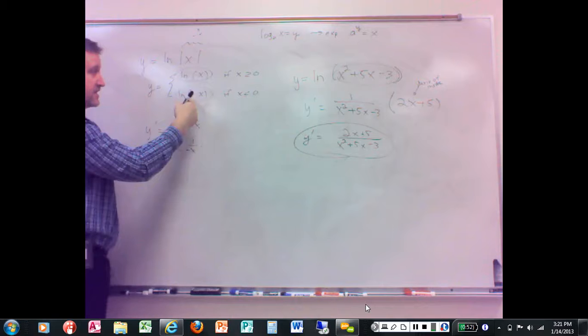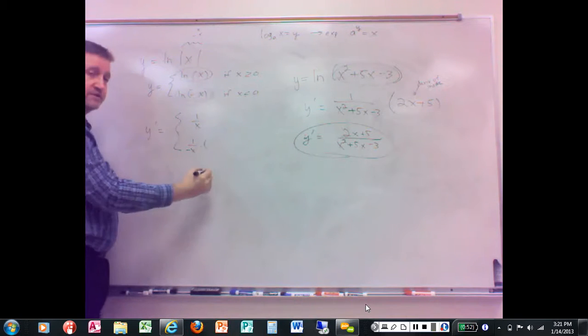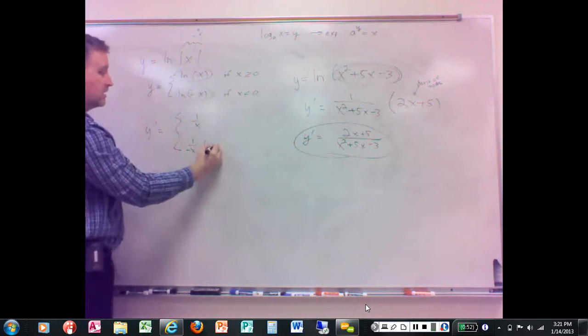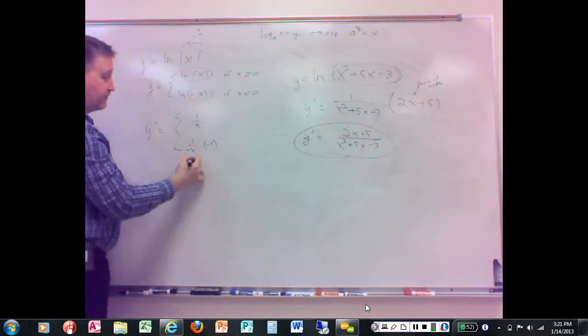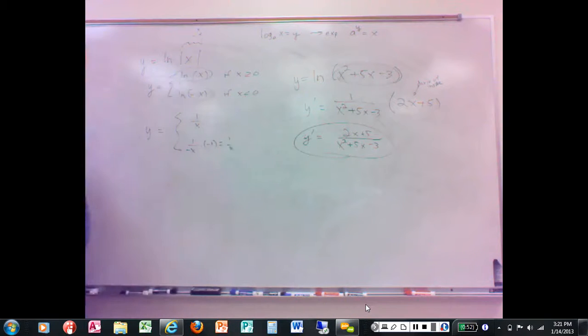Because I've got minus x instead of just x, I have to do the derivative of minus x right here. What's the derivative of minus x? Negative 1. Well, what's negative 1 over x times negative 1? 1 over x. Yes. So either way you go, you got 1 over x.